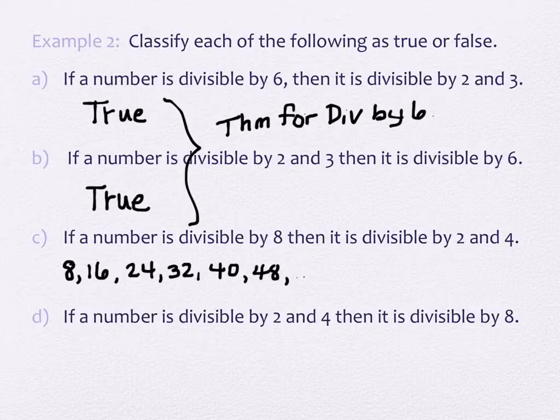Yeah. And really the reason for why it is divisible both by 2 and 4 is because 2 times 4 is 8. I mean, that's the reason why it's going to work, is that 2 and 4 are factors of 8. So whatever the number is that has a factor of 8 in it is going to have a factor of 2 in it and a factor of 4 in it, right? That's going to work. So this is a true statement.